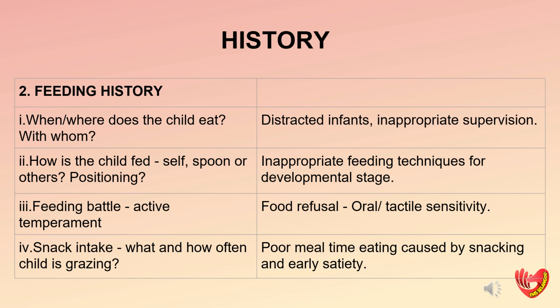Try to find out about any difficulties while feeding the child as well as food refusal. This could indicate oral or tactile hypersensitivity in the child. Ask what and how often the child takes snacks. Snacking causes early satiety, leading to poor meal times in a child.